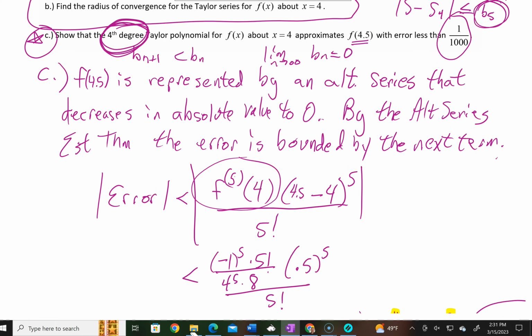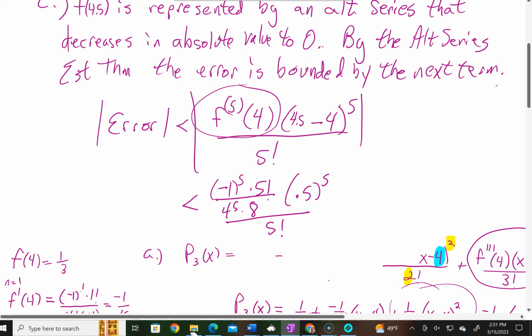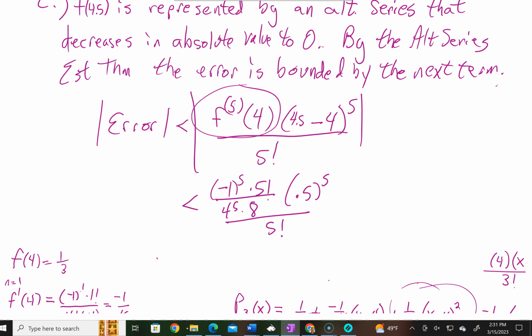Okay? And here we go again. Kids will say, could you have used your sigma to help you out from part B? Yeah, you could. Look, these 5 factorials are going to cancel out. And what are we really dealing with? We've got 0.5 to the 5th all over 4 to the 5th times 8.